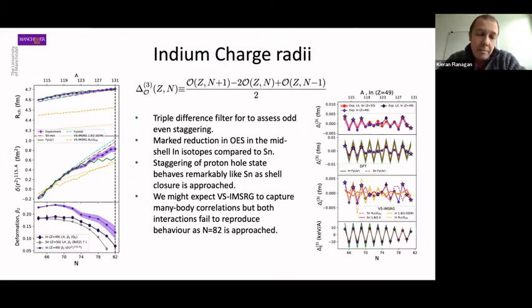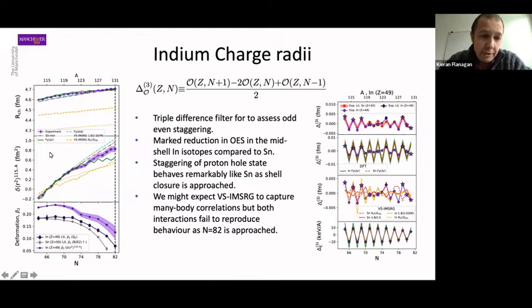So I suppose I have two points I want to raise here. When we compare the charge radii of the indium isotopes across the chain, the charge radii are shown here in purple. We have a range of calculations. We have the DFT calculations shown in green, red, and light blue, and they're generally getting the trend quite well, but not quite getting the overall fall over towards the shell closure.